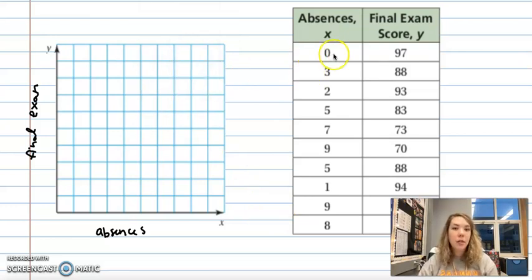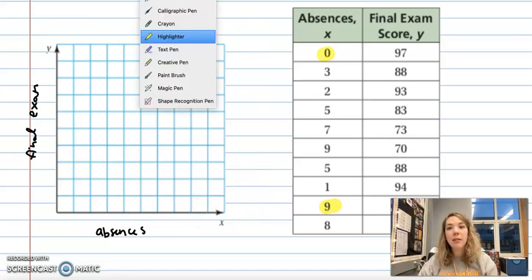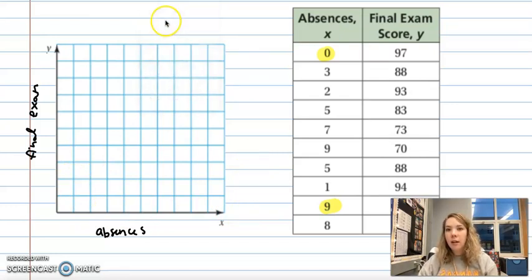So here, our absences, the smallest number we have is 0, so we'll start at 0, and then the largest we have is 9. Now, since this is 10 different grid lines, we'll just count by ones. So this would be 1, 2, 3 all the way across. So that's how we got that, because we need to fit our data. We'll just go ahead and count by ones for the absences.